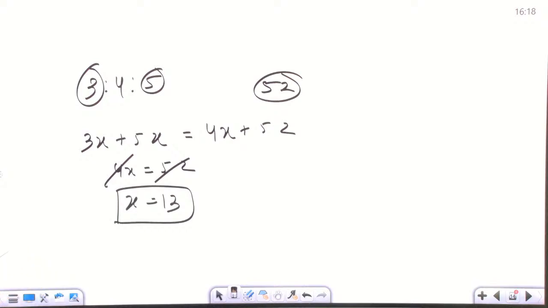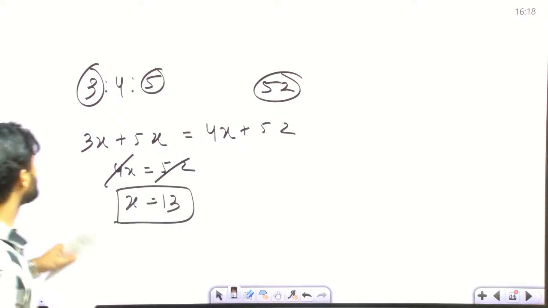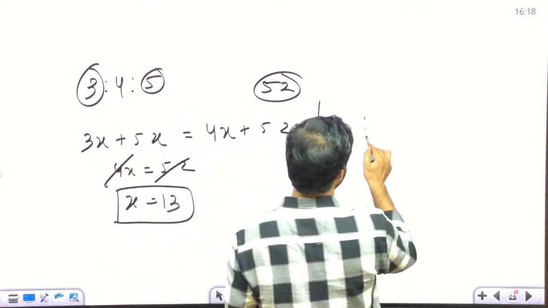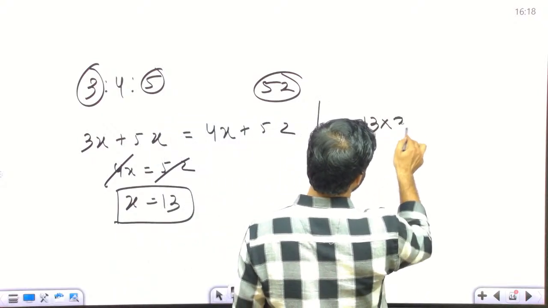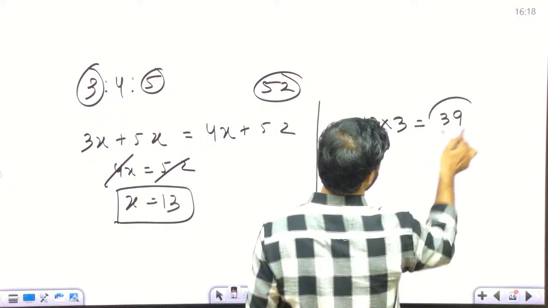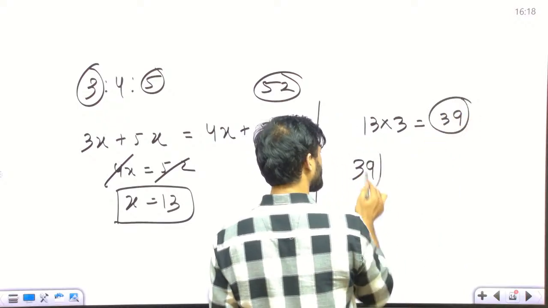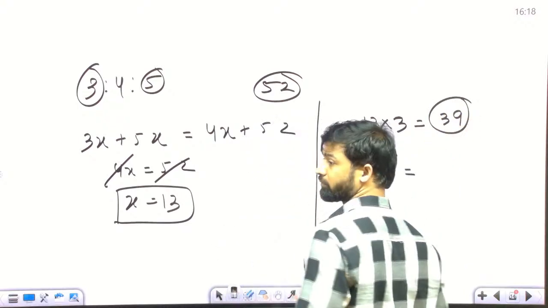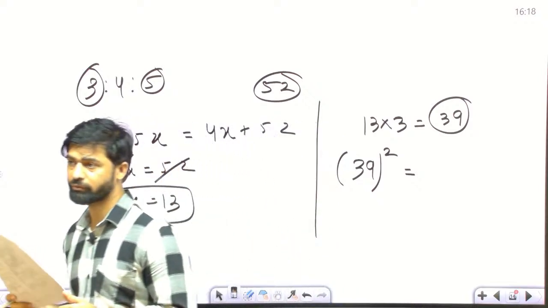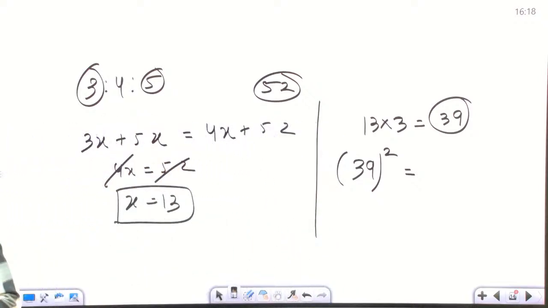And we have to find out the smallest number. The smallest number is 13 into 3, so this is 39, and we have to find the square of this. Find the square of 39 then. How can you multiply 39 into 39? What is the answer?